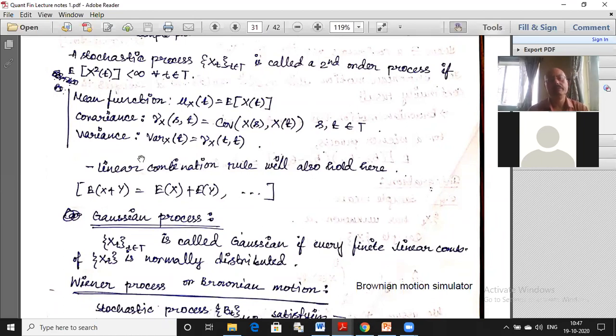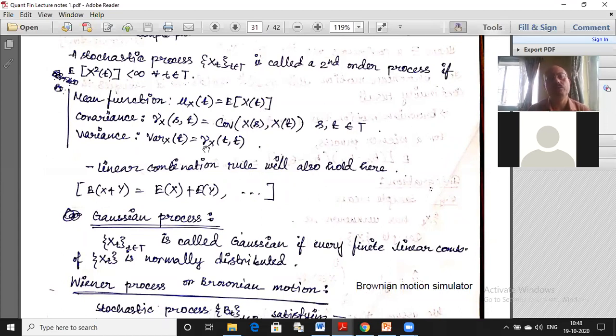A bit of notation, we call the mean function mu as usual, mu x t. Mu x t is the expectation of the process at time t. A covariance function gamma x s t, which is autocovariance, covariance between x s and x t. And of course, variance is gamma x t. That's our generic notation.